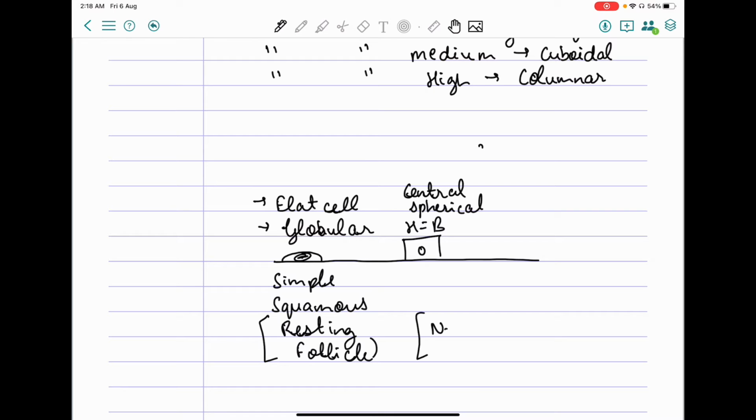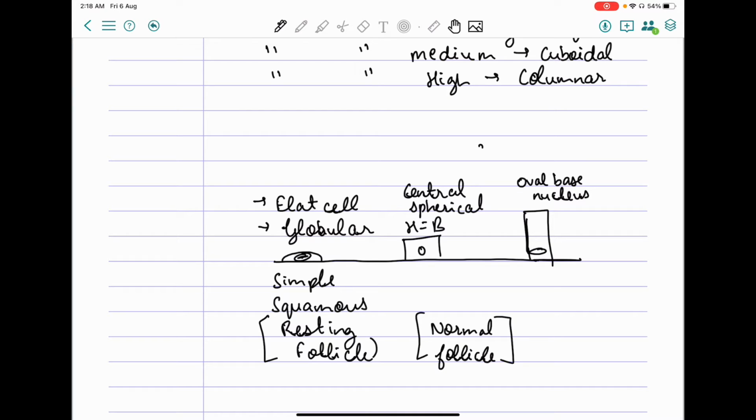We will say it is a normal follicle. And the last one is columnar with an oval base nucleus.